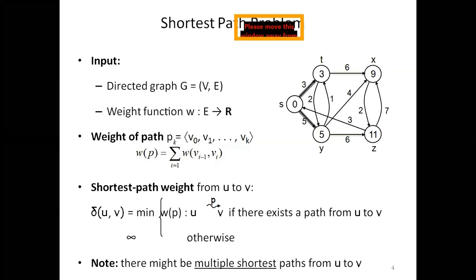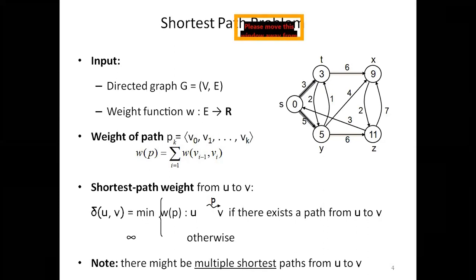So w(p) is the sum of all the weights of the edges (vi-1, vi).